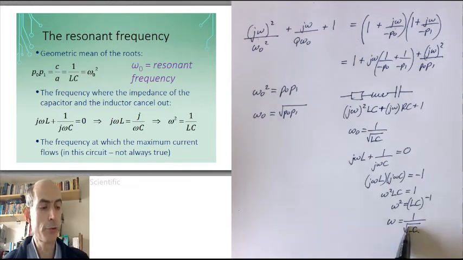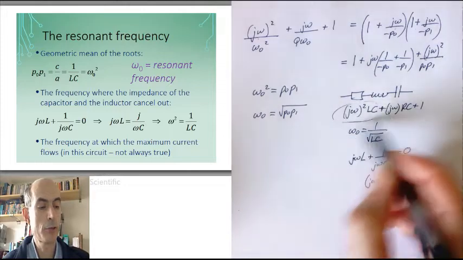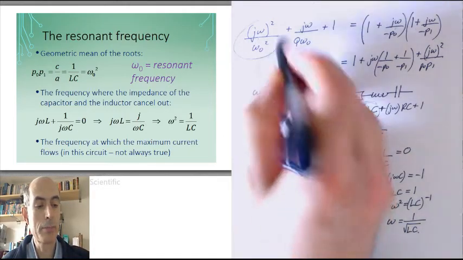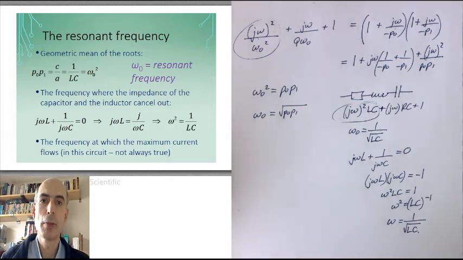And that's just the resonant frequency that we've calculated previously by comparing this term here to this term here. But there's another property of the resonant frequency which makes it particularly useful when estimating the frequency response of circuits. And that is that the resonant frequency is the intersection between the high frequency approximation and the low frequency approximation to the frequency response.